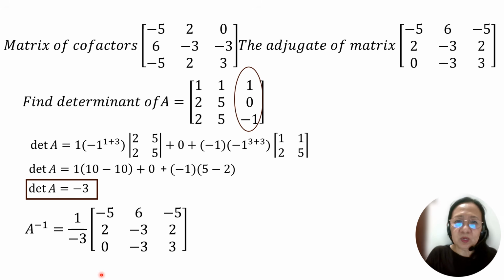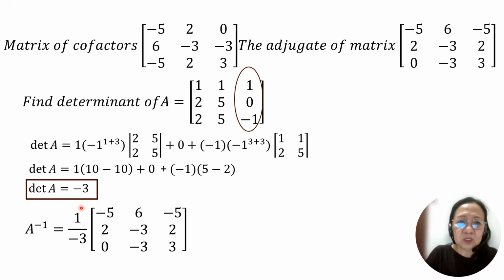Then, using the formula for the inverse, that is 1 over the determinant of A, which is negative 3. For the adjugate, we have to copy this one: negative 5, 6, negative 5, 2, negative 3, 2, and 0, negative 3, 3.